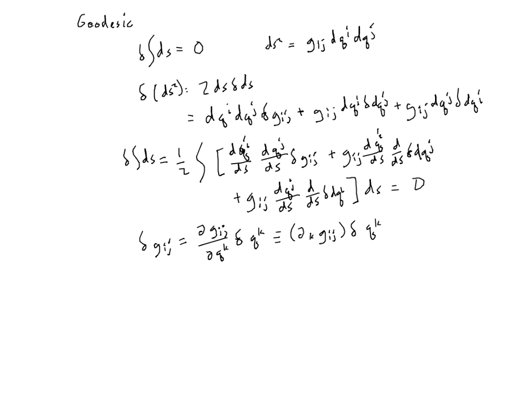And so basically what I did here was I said that the delta in the metric is the same thing as just taking the derivative of the metric times a delta in the q^k, because the metric depends on the coordinate. So I can use that to fix the first term.